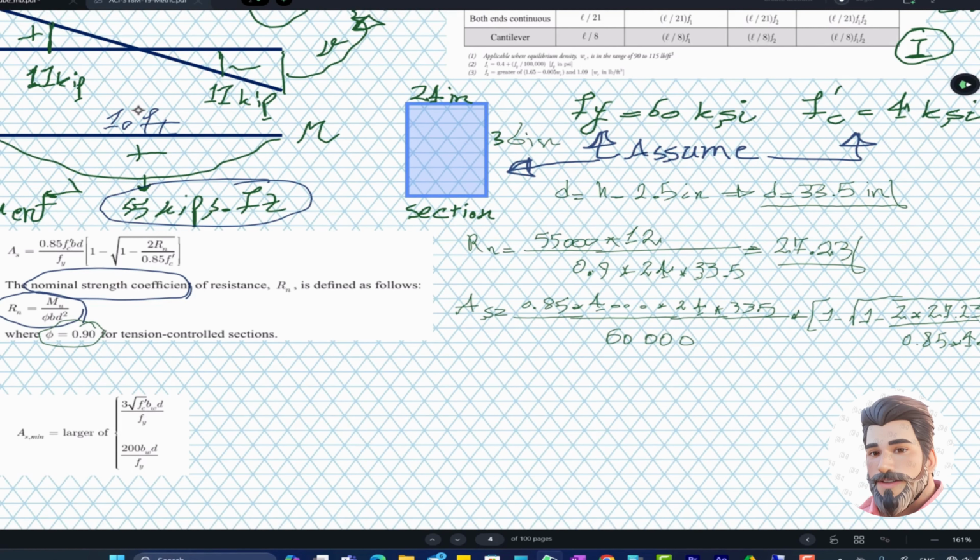As you can see, the value of Rn according to manual calculation was equal to 27.23 and the required value of As was equal to 0.36 square inches.